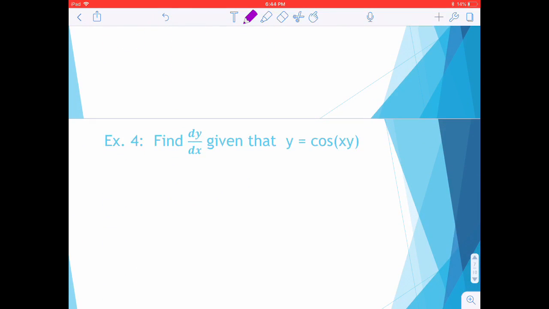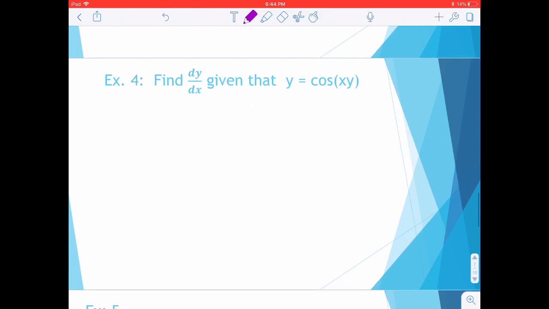Okay, example number 4 here. So we want to find dy/dx given that y is equal to cosine xy. Okay, so now we have a chain rule and a product rule on our function. So we want to differentiate both sides with respect to x.